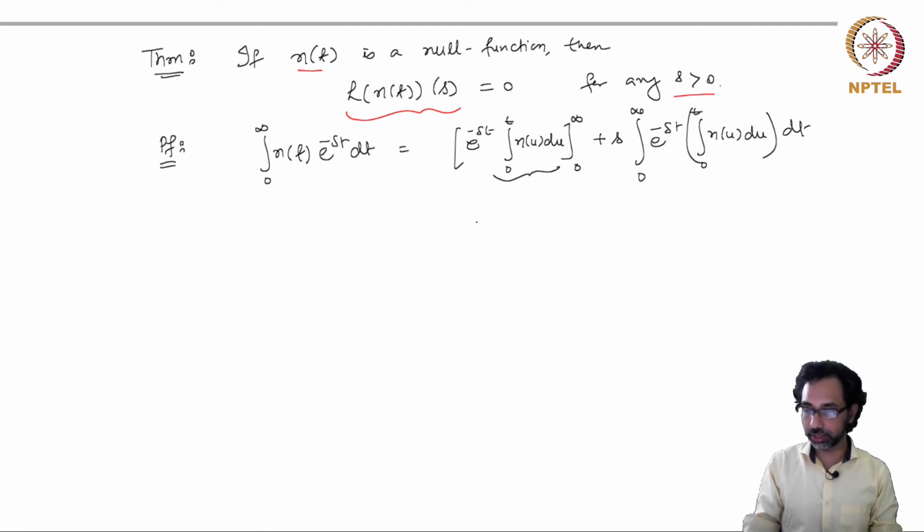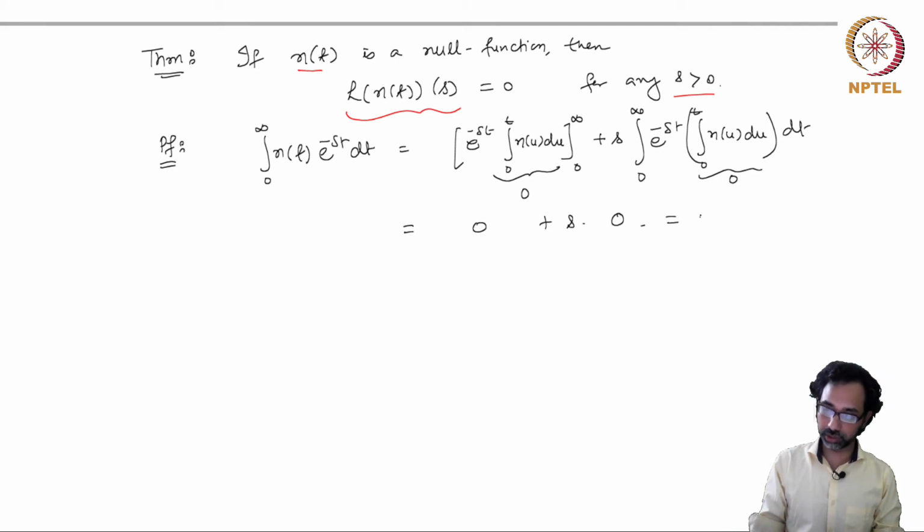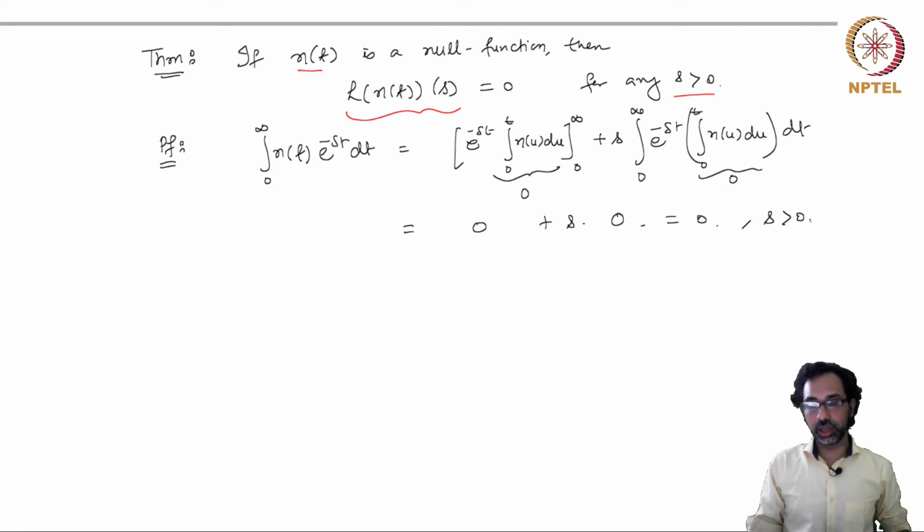Note that if I denote this function as f(t), then f prime t is nothing but n(t). So from this we have the usual integration by parts formula. Therefore these integrals of n(u) du from 0 to t are all 0. Therefore this is 0 plus s times 0, which is 0, and this is valid for any s greater than 0.